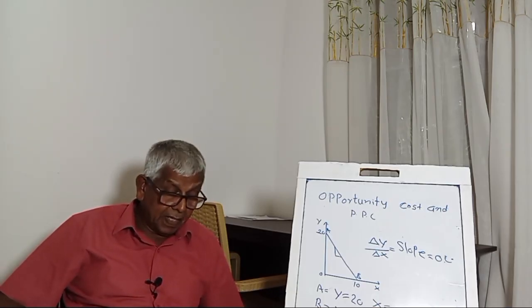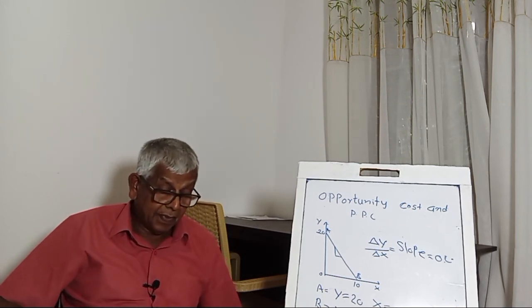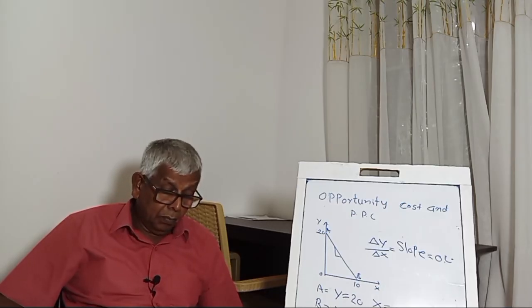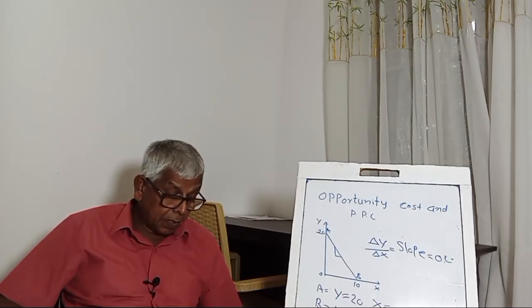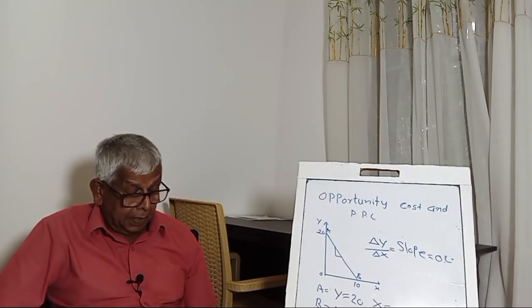It is increasing with the increase in output. Therefore, the more applicable production possibility curve is a curve rather than a straight line.